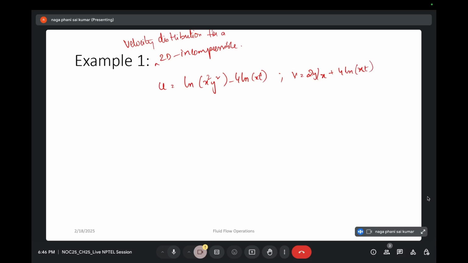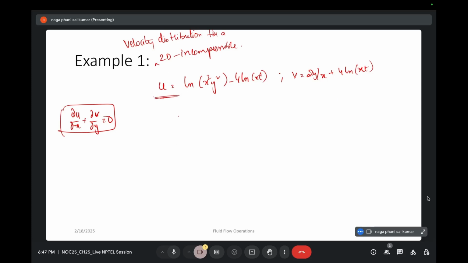Okay, so now we have to check if this velocity distribution is following the equation of continuity or not. For a two-dimensional incompressible flow, what is the equation of continuity? Dou u by dou x plus dou v by dou y should be equal to 0. If this follows, then these equations will follow the equation of continuity.